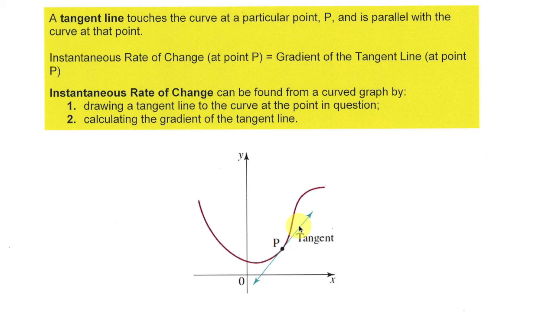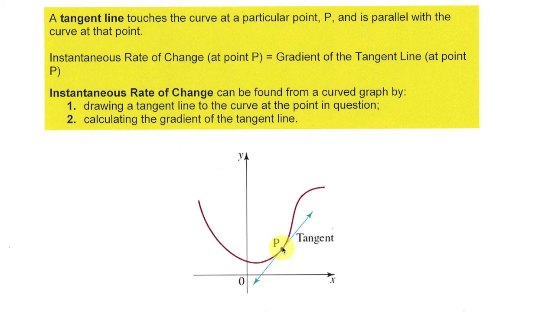Now the instantaneous rate for this curve is the slope of the curve. And as you can see, that's always changing, right, because it's a curve. So the instantaneous rate is equal to the slope of the curve.